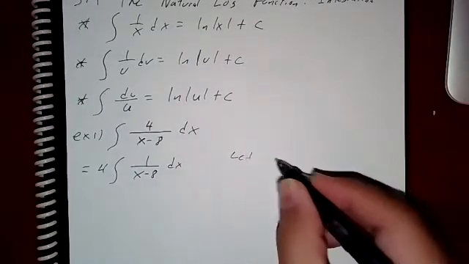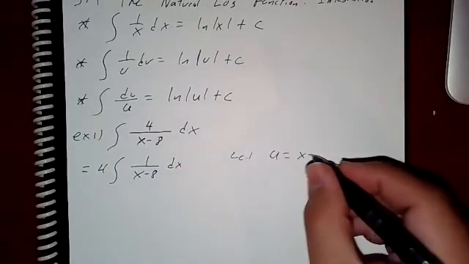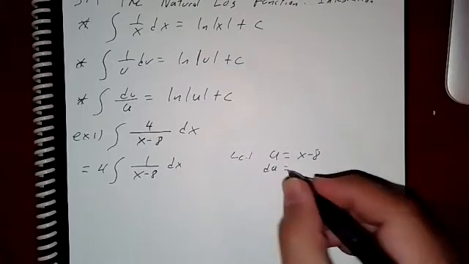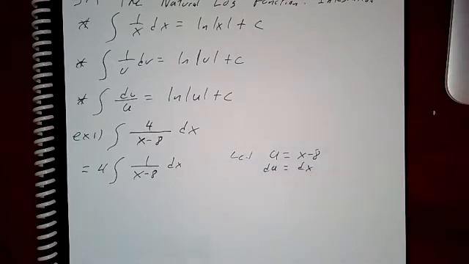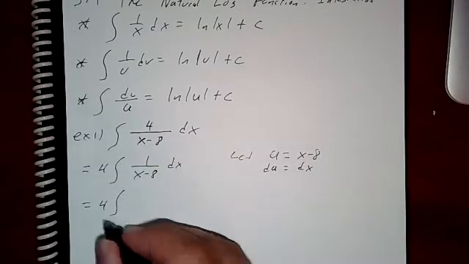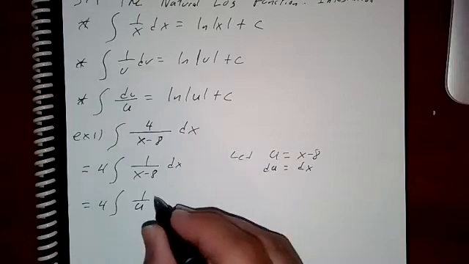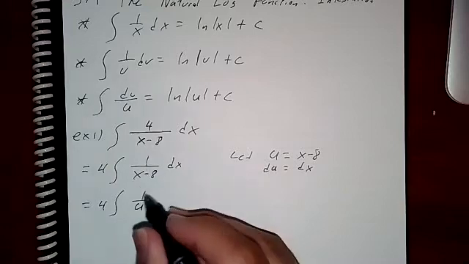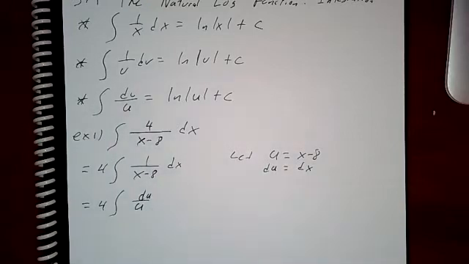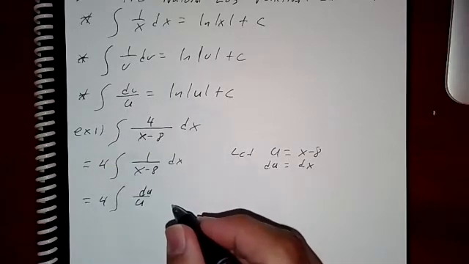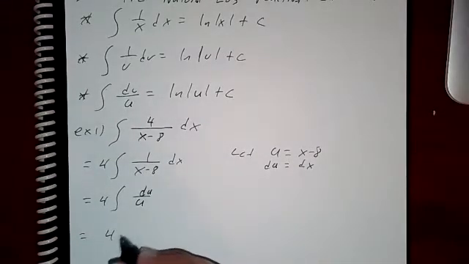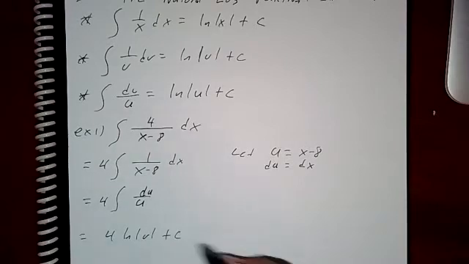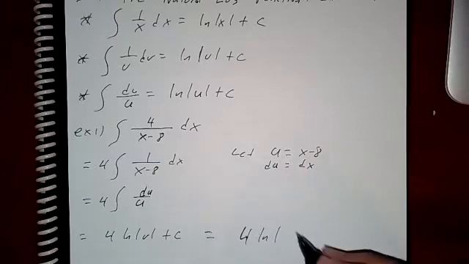So we will let u be the bottom so I can use the natural log. So dx is replaced by du. We put it on top or on the side, doesn't matter. So that'll give us 4 ln u plus c, which needs to be replaced by 4 ln x minus 8 plus c.